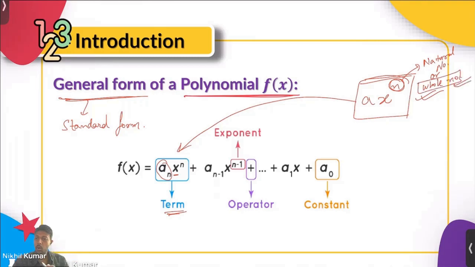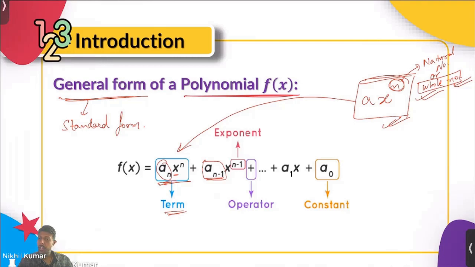So the first term is definitely of this form, we can see that. The second term has some other number, that's why it's written a_(n-1). That's a way to represent a different number than a_n.